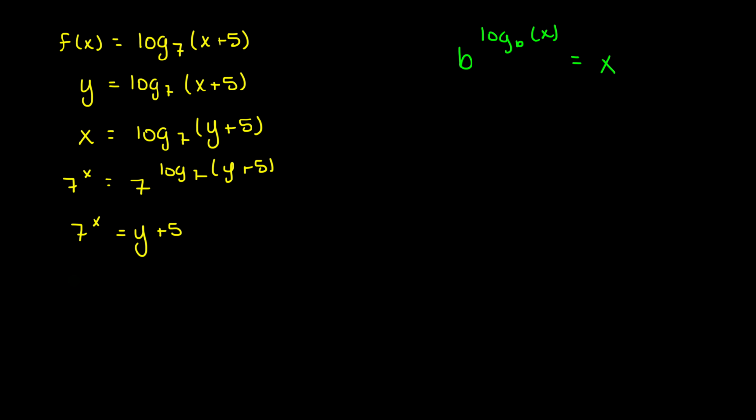Now we're just going to subtract 5. So 7^x minus 5 equals y. Then make sure the audience knows that we're working with an inverse function by writing f to the negative 1 of x equals 7^x minus 5.